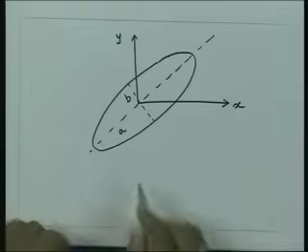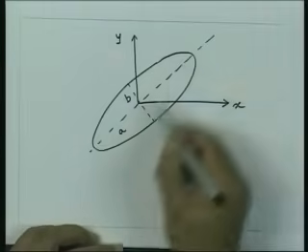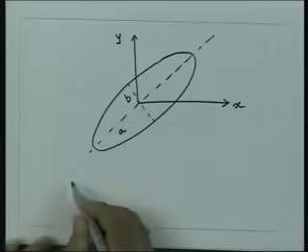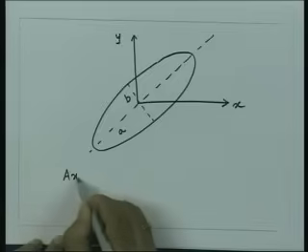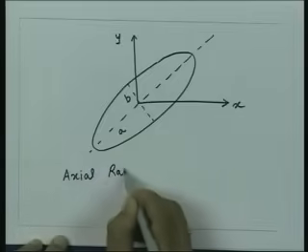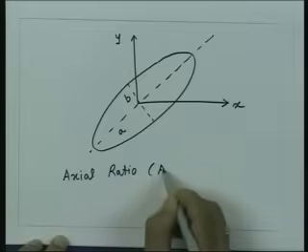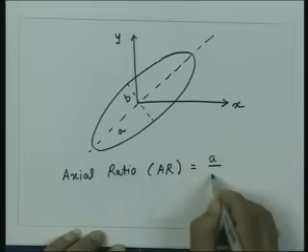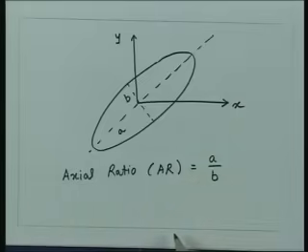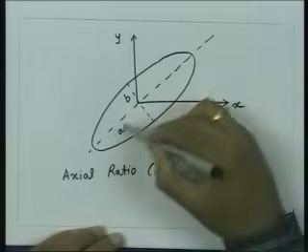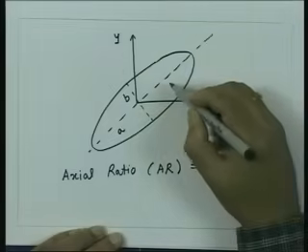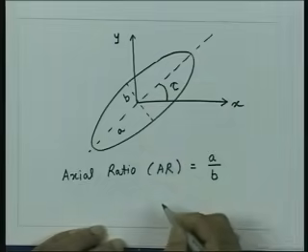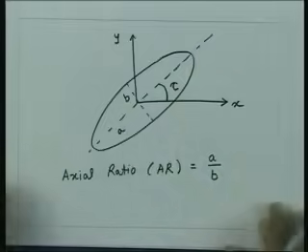So, we define now a quantity which is the ratio of the major and minor axis, which is called the axial ratio of the ellipse. So, we define axial ratio, let us call it AR, that is A by B, and the angle which the major axis makes with the x axis, let us say that angle is given by tau, and that angle is called the tilt angle of the axis.